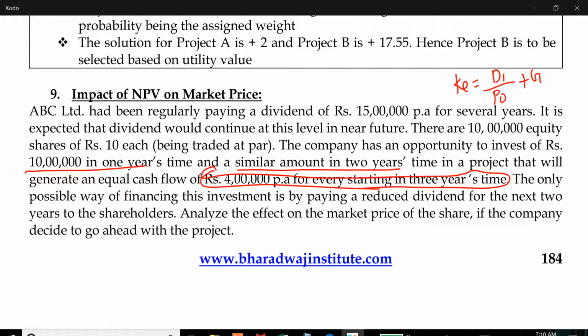4 lakh divided by KE. Your value of perpetuity is 4 lakh divided by 15%. Write the perpetuity: 4 lakh divided by 15%.